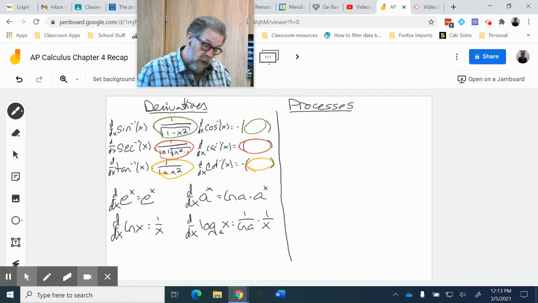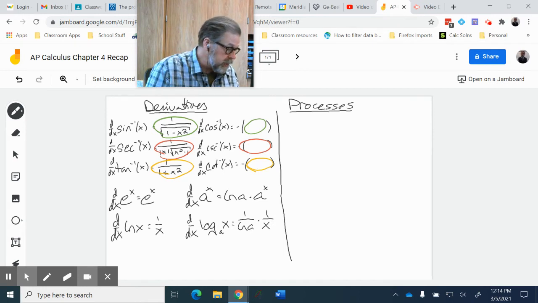So there you go, 10 derivatives that we discovered throughout Chapter 4. You should especially know the bottom 4, and it doesn't hurt to know the top 6, or at least know where to look them up when you need them.